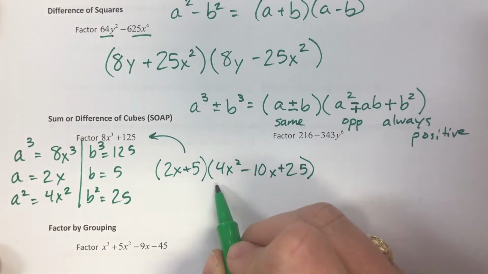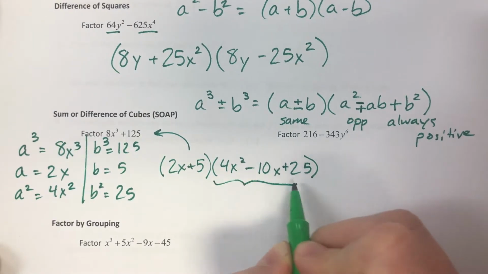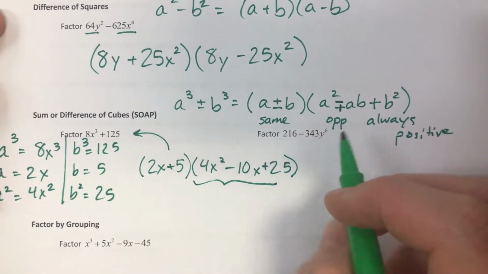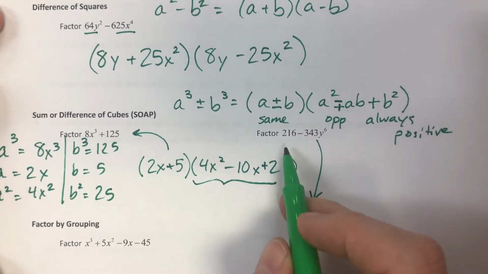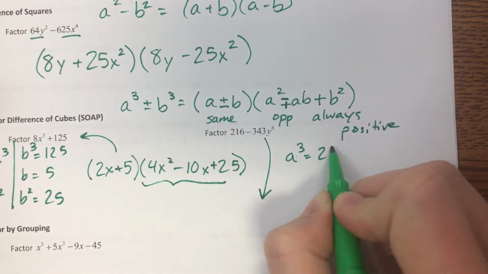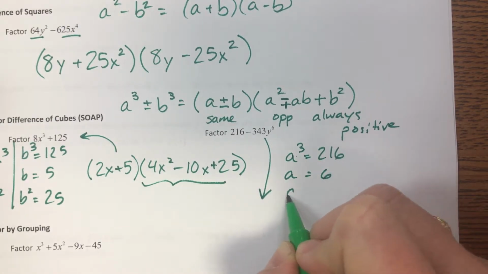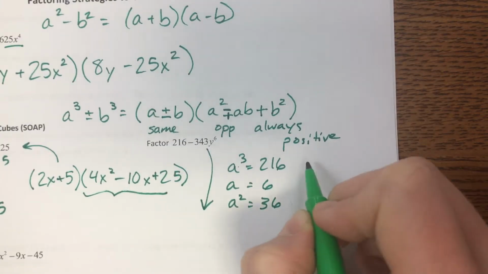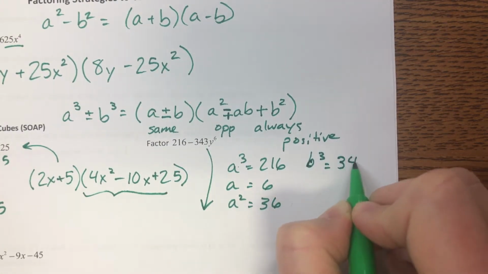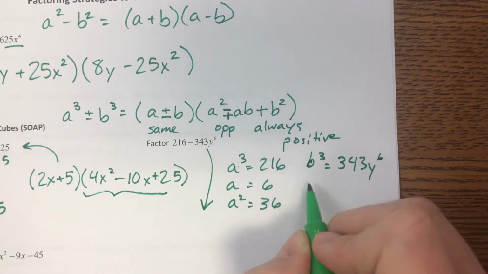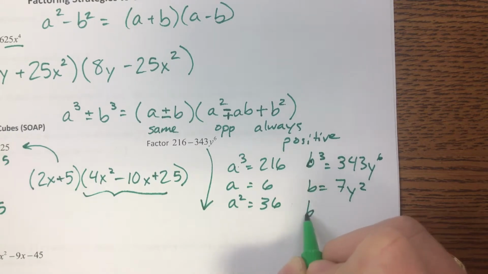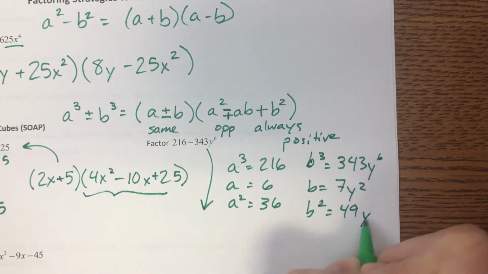Sometimes in pre-cal we ask you to factor all the way down to linear. This may not factor nicely, but I could always do the quadratic formula to keep going on that. Okay, and then looking at this one, if a cubed is 216, that means that a is 6, and that means that a squared is 36, and b is, I'm pretty sure, 7y squared, and so therefore b squared is equal to 49y to the fourth.